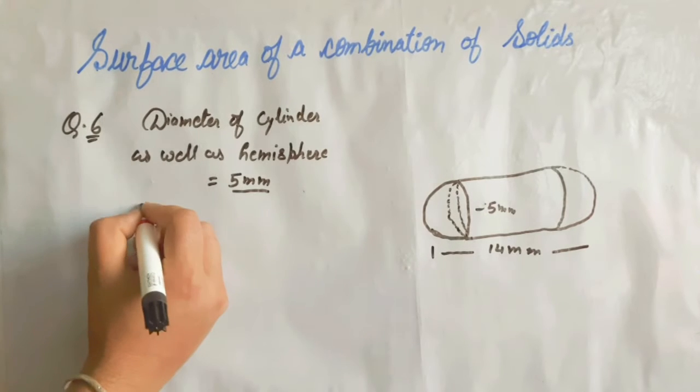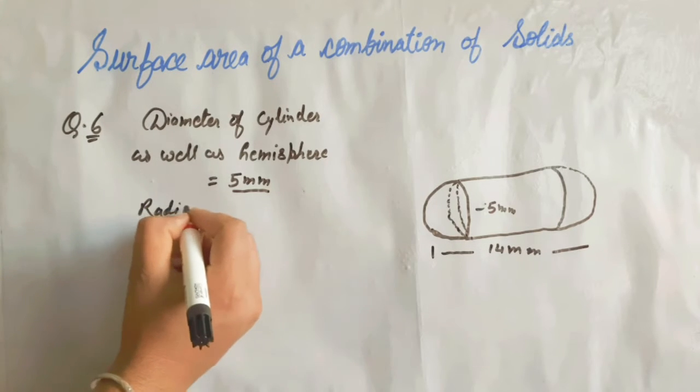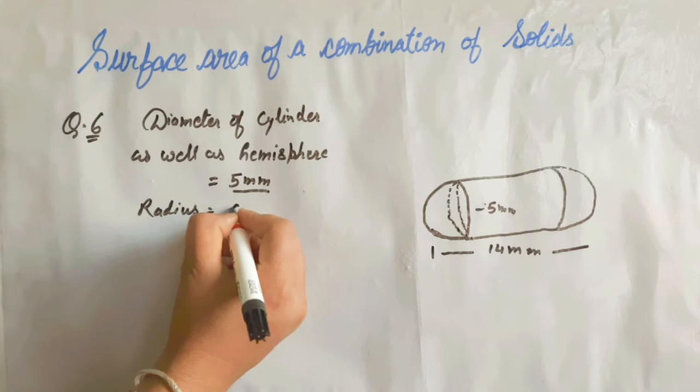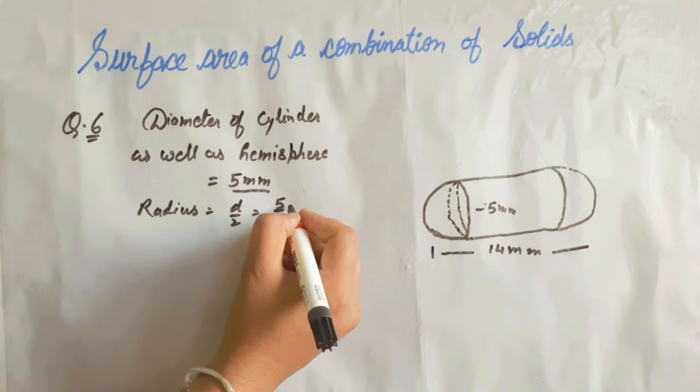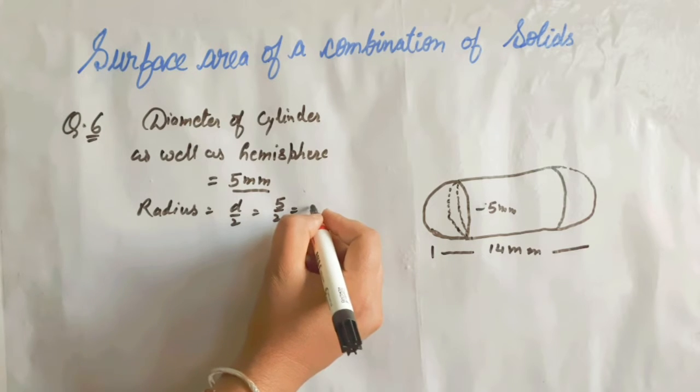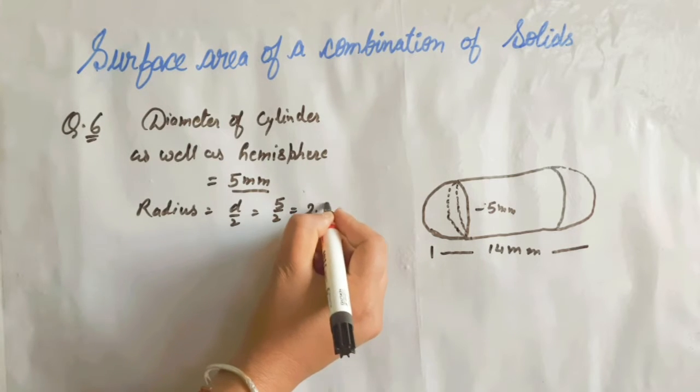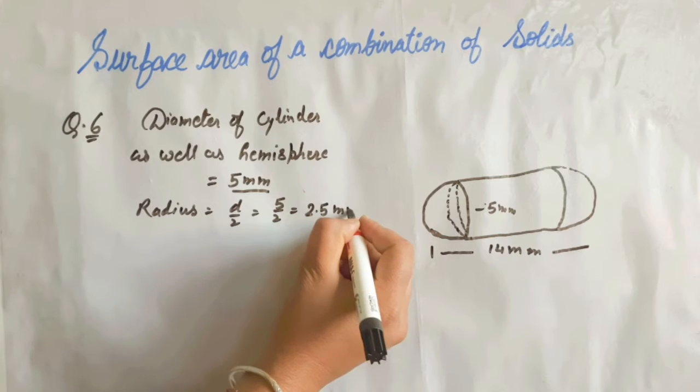Then what will be radius? You know it is diameter upon 2. So this will be 5 upon 2 mm, or you can write in decimal form 2.5 millimeters.